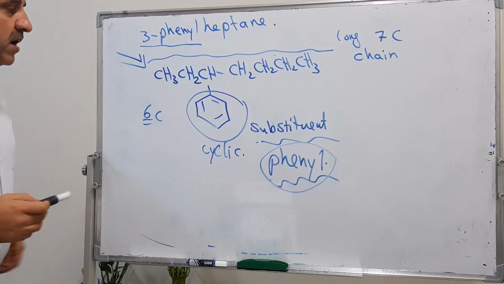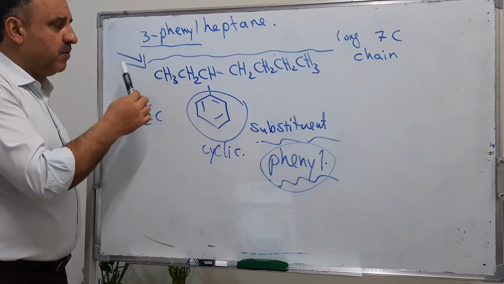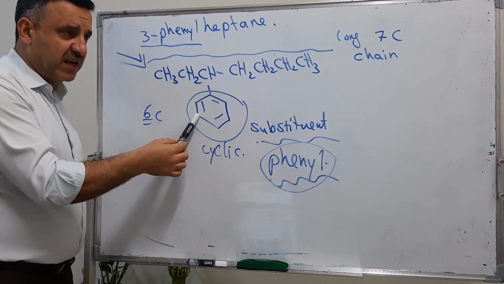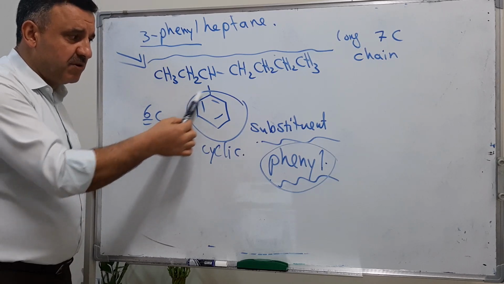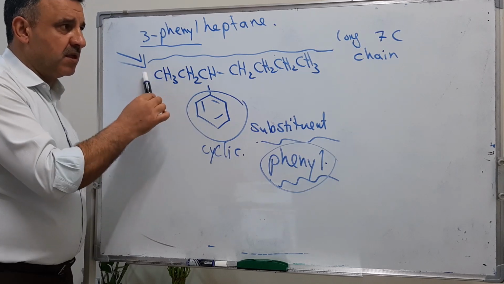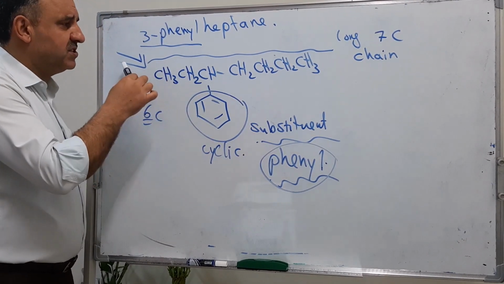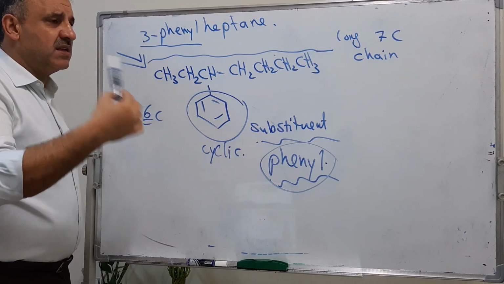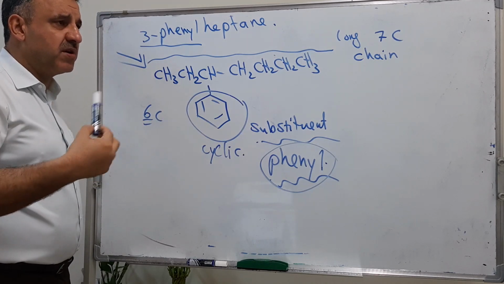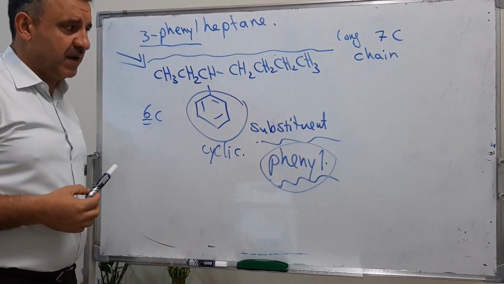Yeah. Now, as you can see here, for this example, we have a long chain and we have a cyclic system. The cyclic system, the benzene, contains 6 carbons, isn't it? The long chain contains 7 carbons. We must always consider the system which includes more carbons. Of course, in this case here, the long chain will be our parent name.